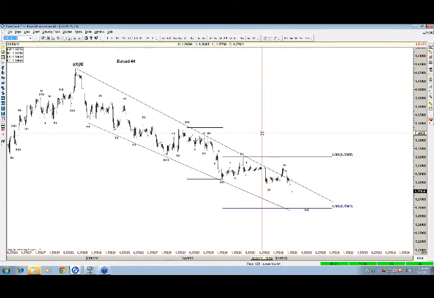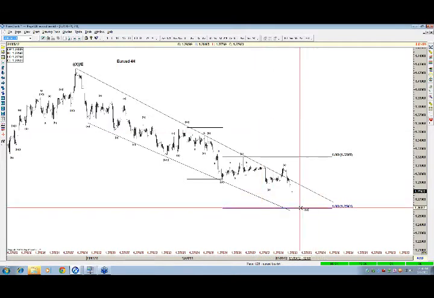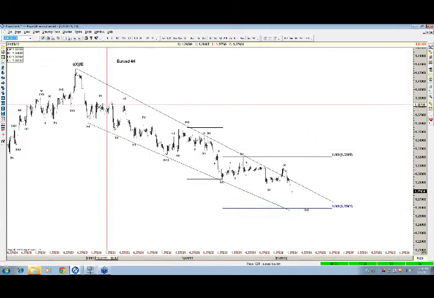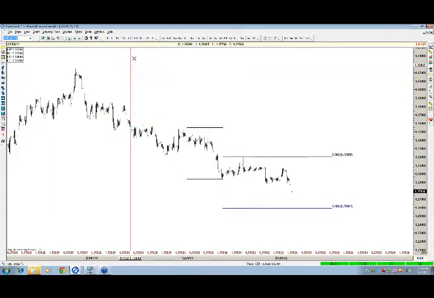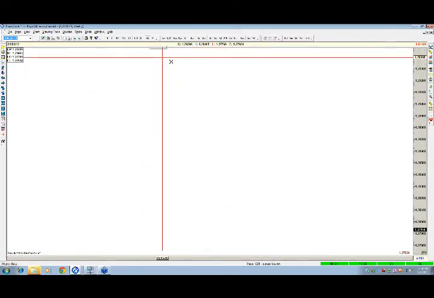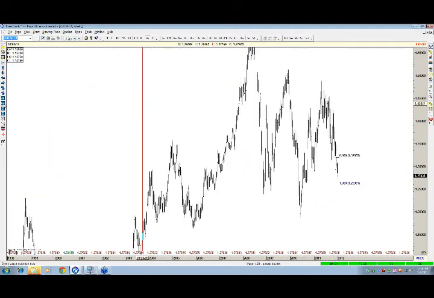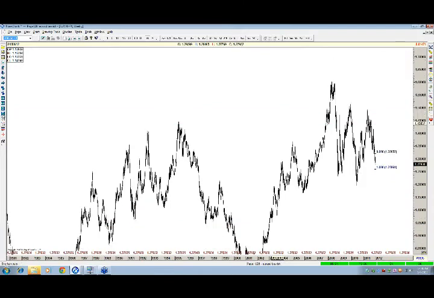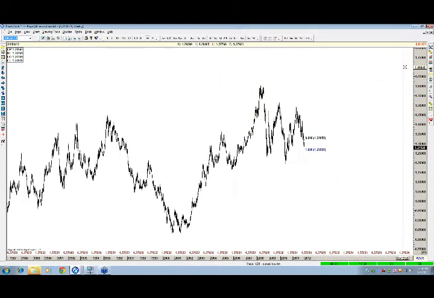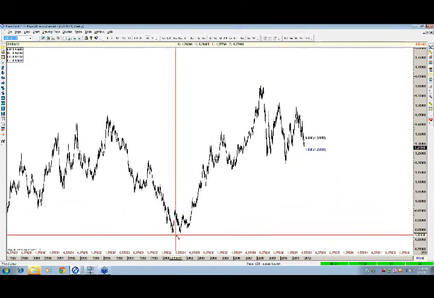Now, the euro, guys, we need to accept it. The target of the euro is around 1.2996, the 1.25, 1.26 area. If we take this and put the weekly right here, I want you guys to understand this. There is a huge trend line coming in the euro very soon.